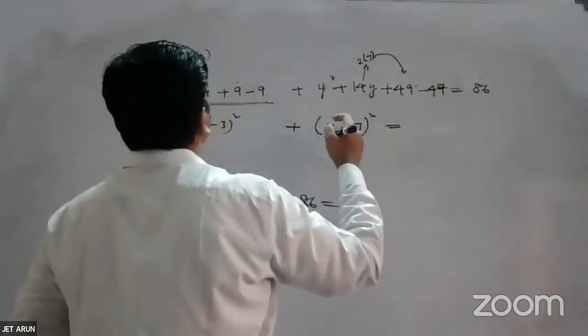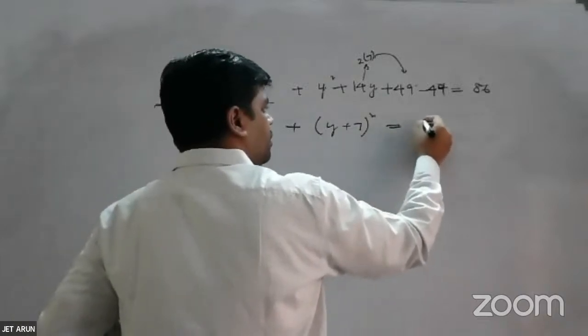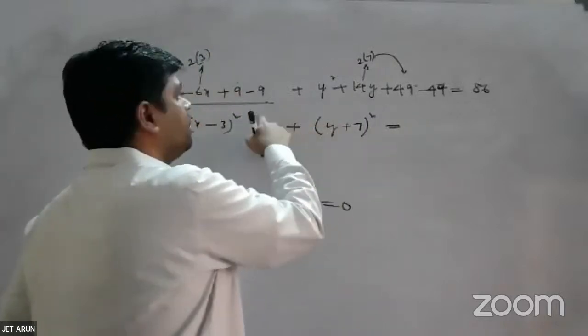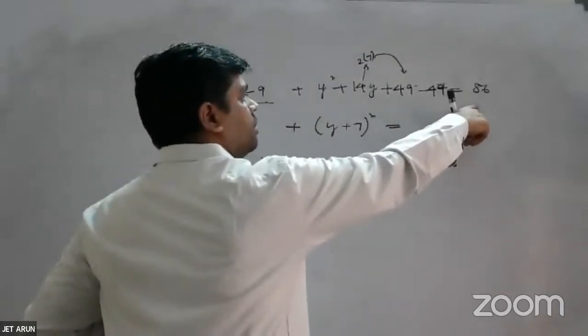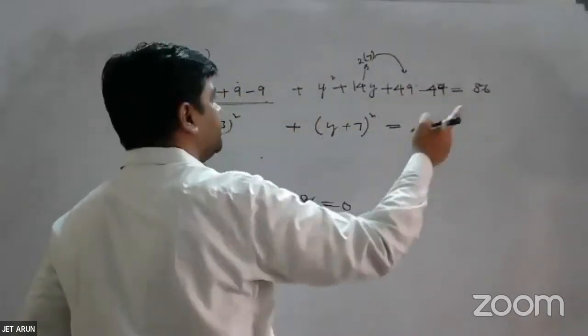So how much is it? What is the total now? 49 goes outside, 9 goes outside.